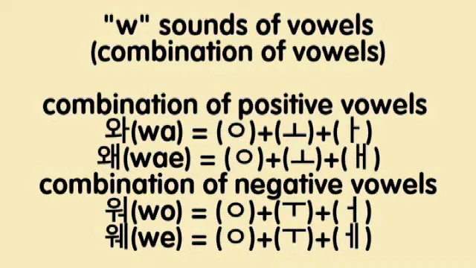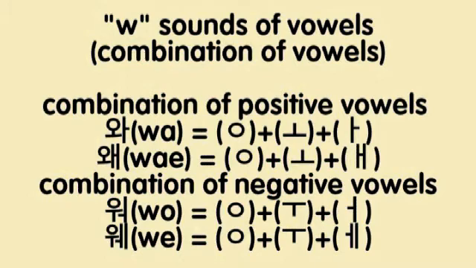Here is the summary of the W sounds of vowels. If you would notice, these are formed from the combination of the previously learned vowels. Not like the Y sounds, which is produced by just adding Y. The W sounds are formed from the combination of O or U with another vowel.